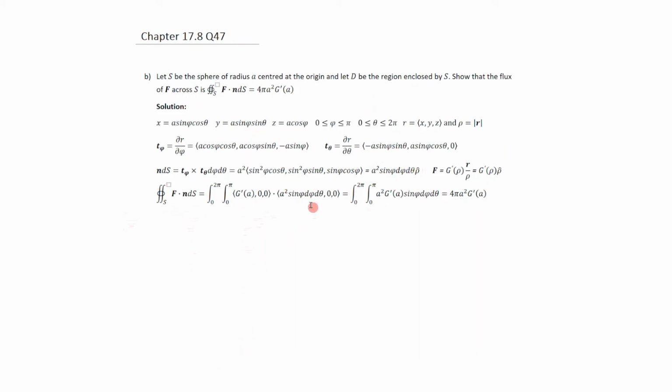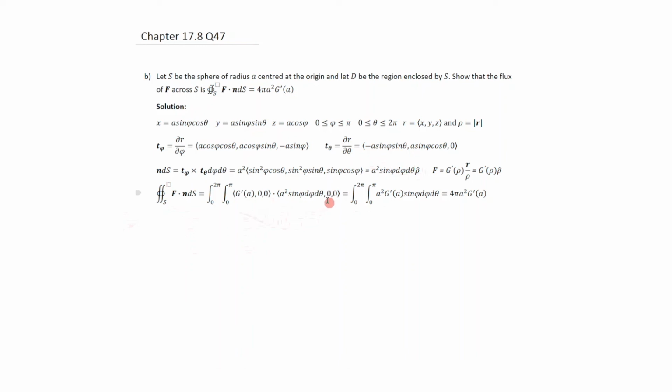Notice this is the r hat, this is the phi hat vector, this is the theta hat vector. Here, same thing. There's only an r hat component, no phi hat component, no theta hat component. And there's the phi and theta, which is the surface over which you're integrating. And the normal to that surface, d phi d theta, would be in the rho hat or r hat direction.